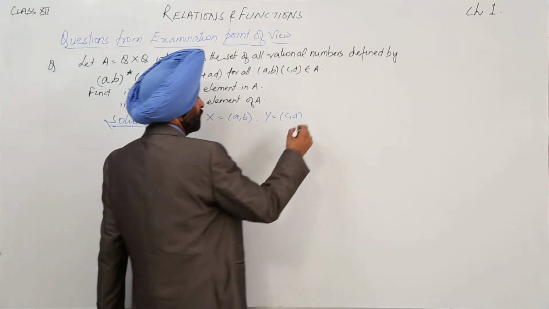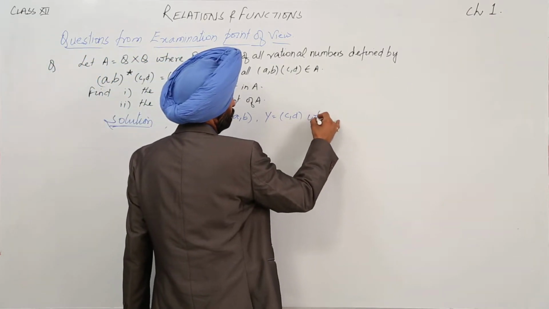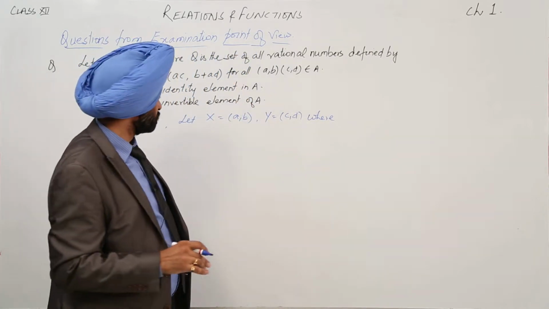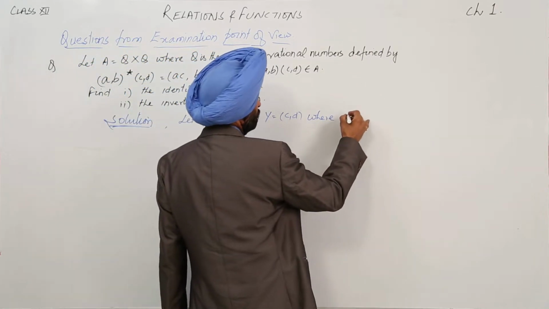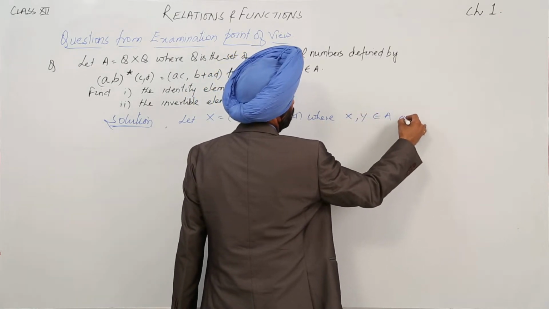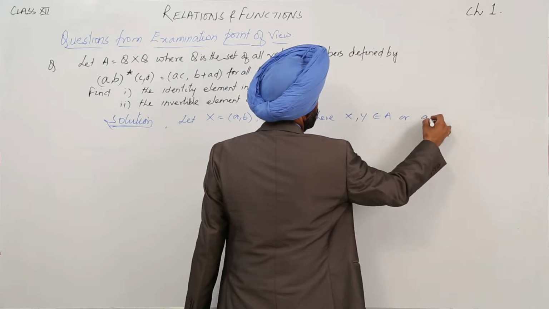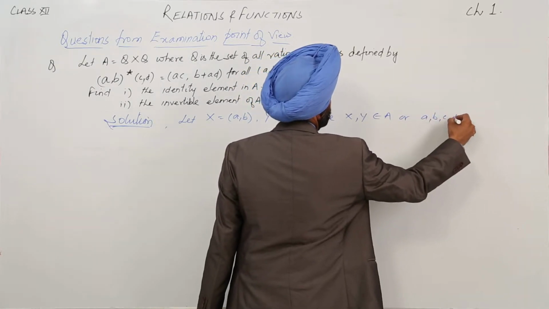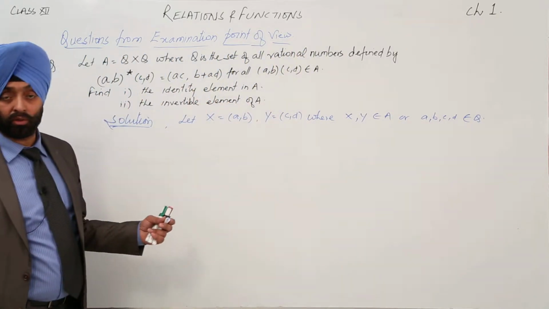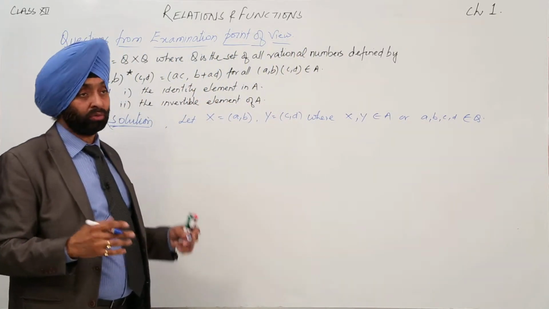Here X, Y belong to A, or we can write that a, b, c and d belong to Q. One and the same thing, all can belong to A, all can belong to Q.